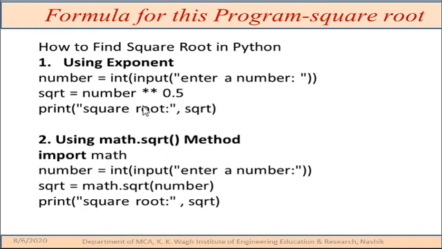If we use the exponent, the calculation is very easy: whatever number you read from the user, or the number whose square root you want to calculate, you simply raise it to the power 0.5 and you get the square root of that. Or we can use the math.sqrt method.